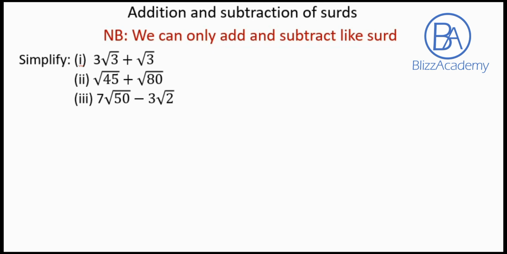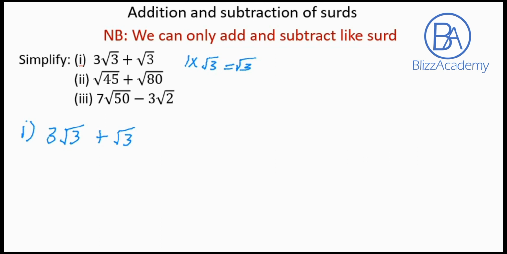We have here: simplify 3 root 3 plus root 3. And root 3 here is the same thing as saying 1 times root 3. So in this case, we have an invisible one here.